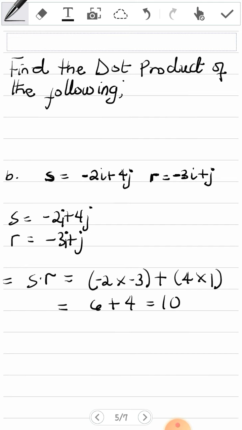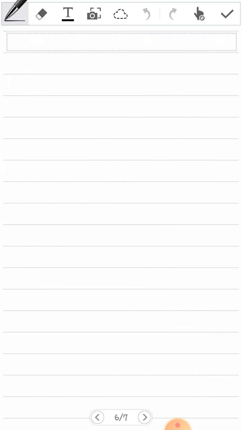Okay, so we will go to the next one, which is the unit vector. So unit vector, it just deals with the magnitude and the vector itself. So the formula, mind you, if you are told to find unit vector of A, it's A cup. So if you see A cup, that means you're going to get the unit vector.